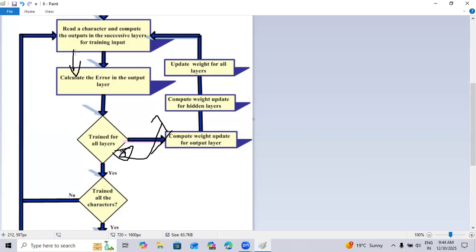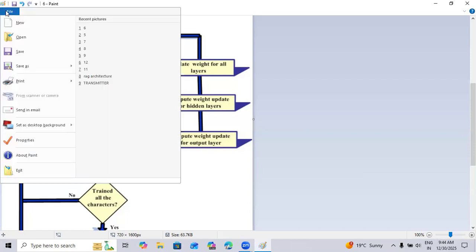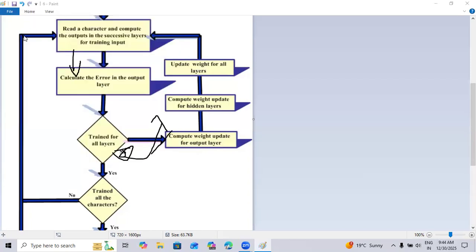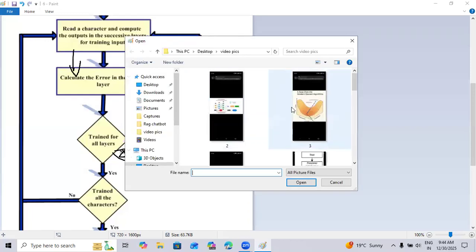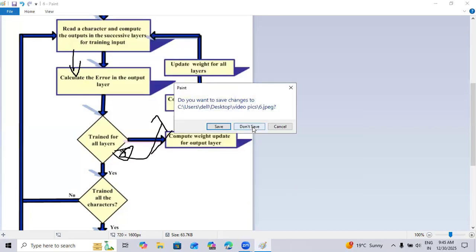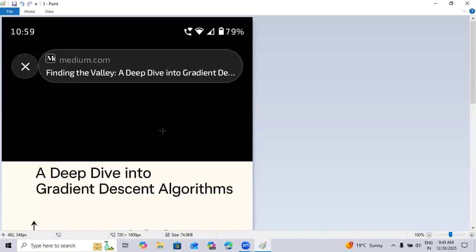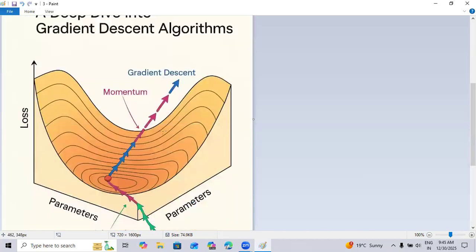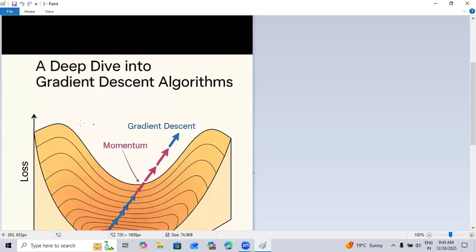Next we go with gradient descent. Let me share a picture of gradient descent. This is what gradient descent looks like, a deep dive into the gradient descent algorithm.